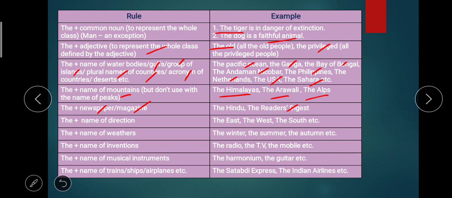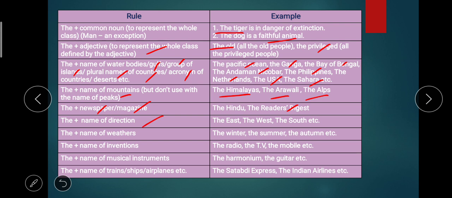So this is the only newspaper which does not have the before it. Otherwise, all the newspapers and all the magazines, they use the before their titles. But when it comes to grammatical areas and competitive exams, we need to use the before even Hindustan Times.